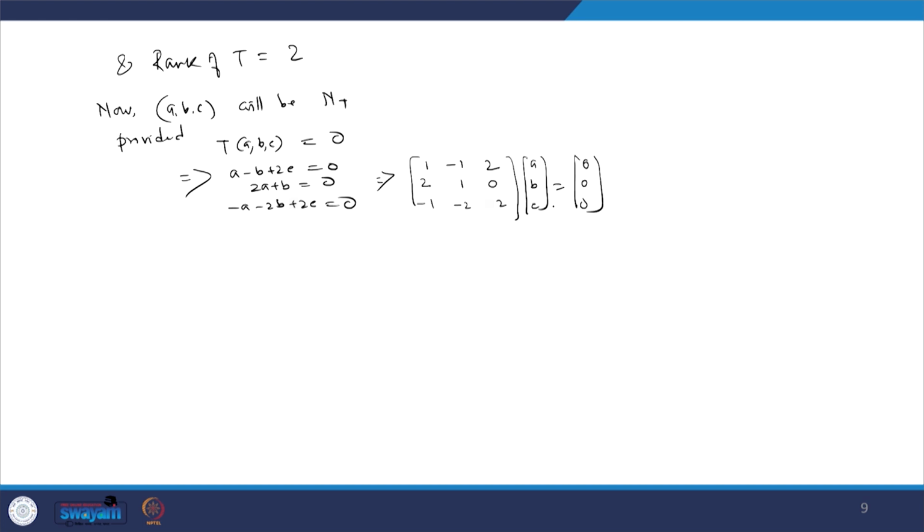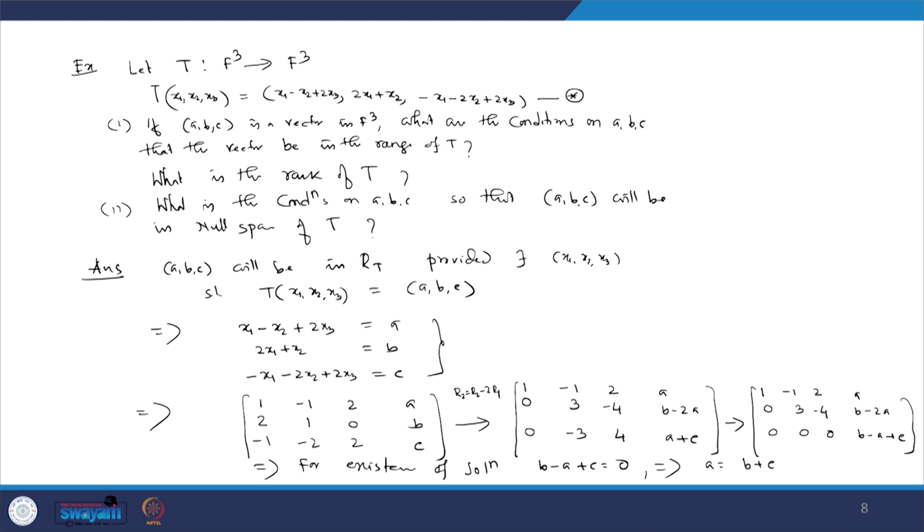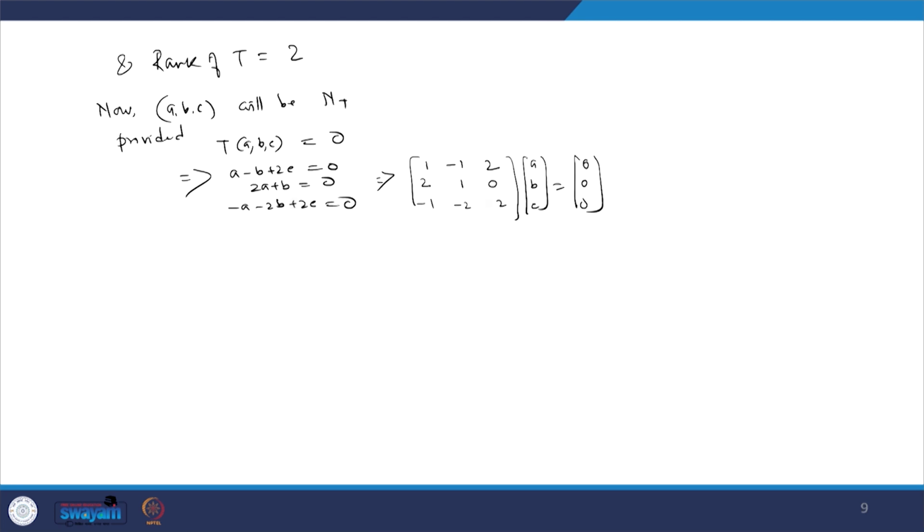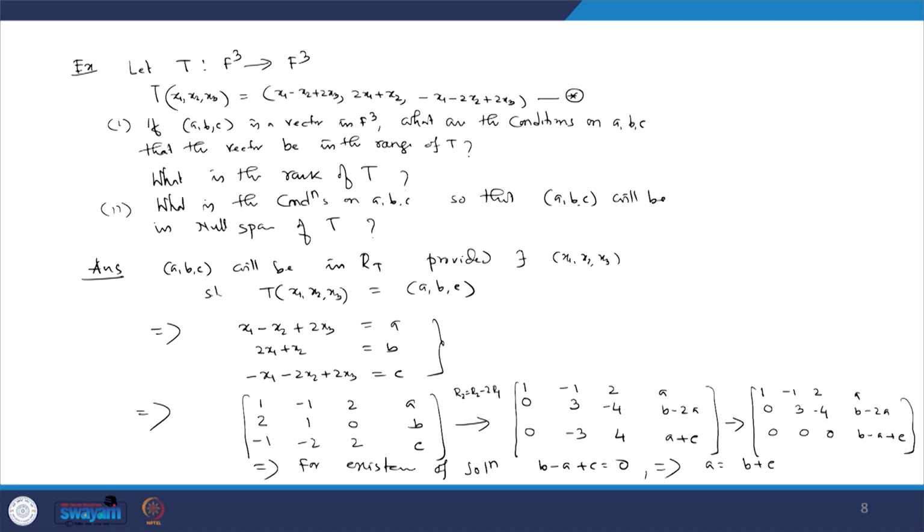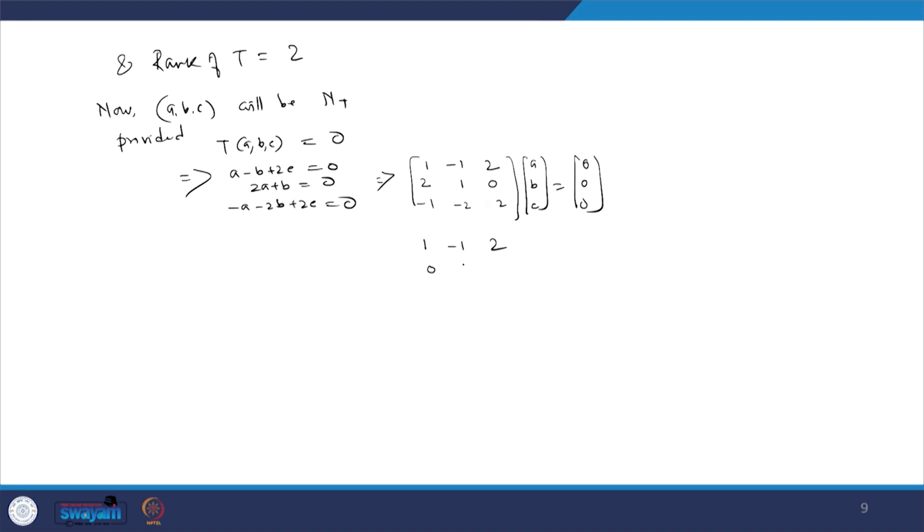We are looking for the solution of this system.